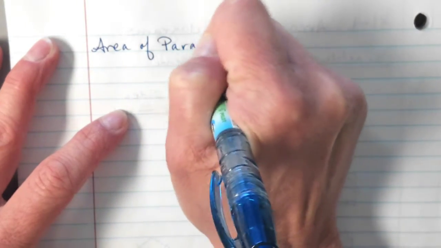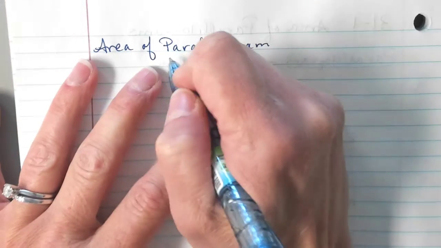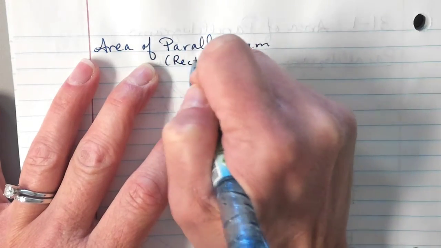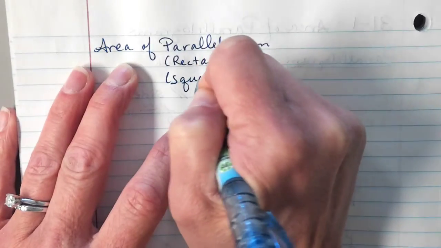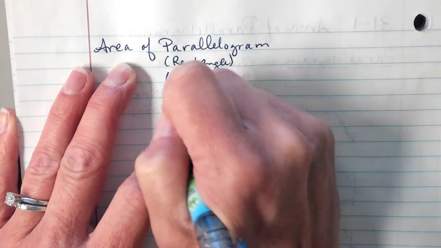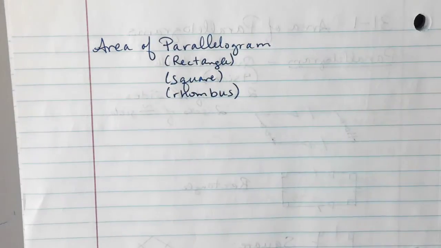Okay, so let's talk about the area of a parallelogram. Now keep in mind, the area of a parallelogram is actually going to be the same as the area of a rectangle, a square, and a rhombus.